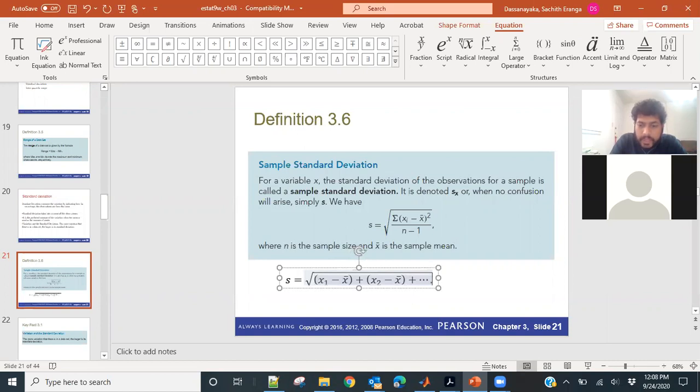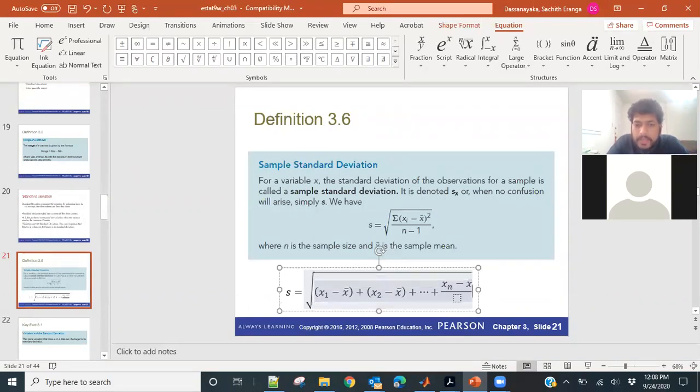I don't know how many, just go up to xn, the nth observation, minus x bar.